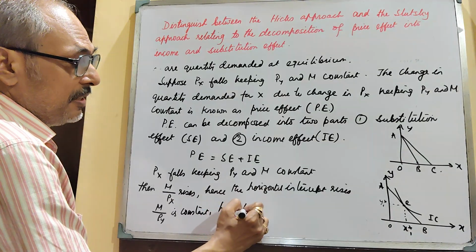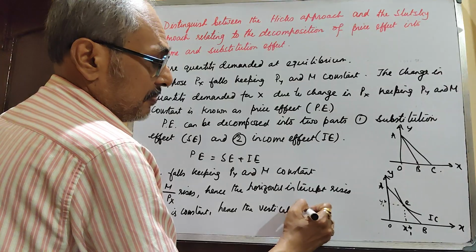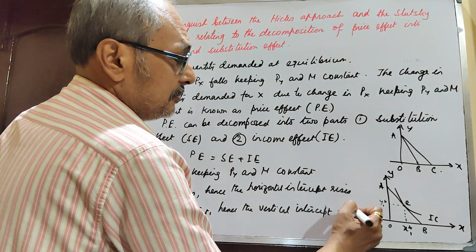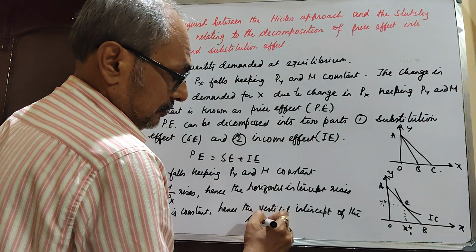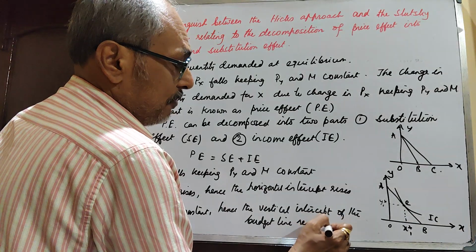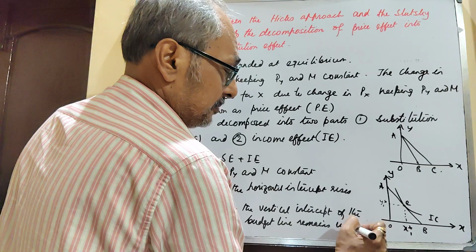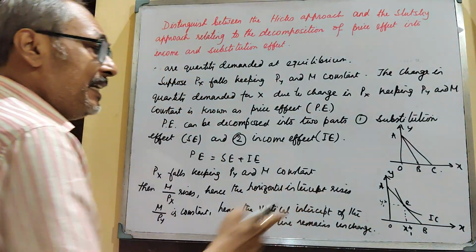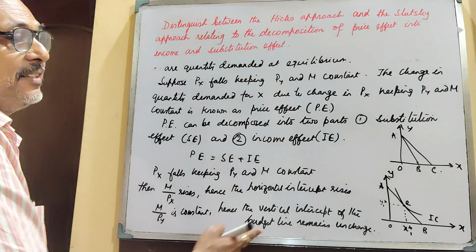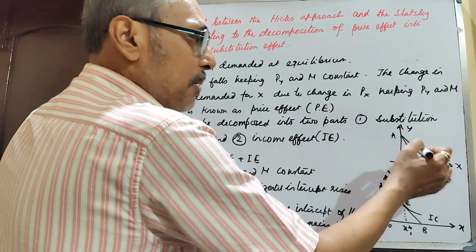Hence, the vertical intercept of the budget line remains unchanged and the horizontal intercept rises. That means the budget line rotates from AB to AC.